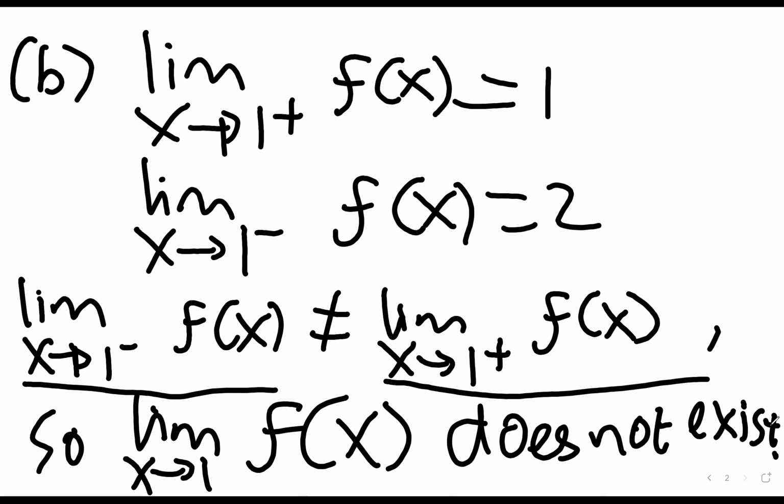Now, let us move to 1C. Here I have the following one. This is a kind of exercise in considering the epsilon delta definition of the limit. If absolute value of x minus 1 is less than something, then we have the conclusion that absolute value of 5x minus 5 is less than epsilon.